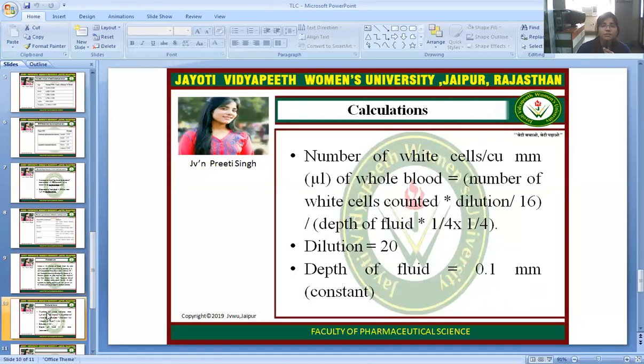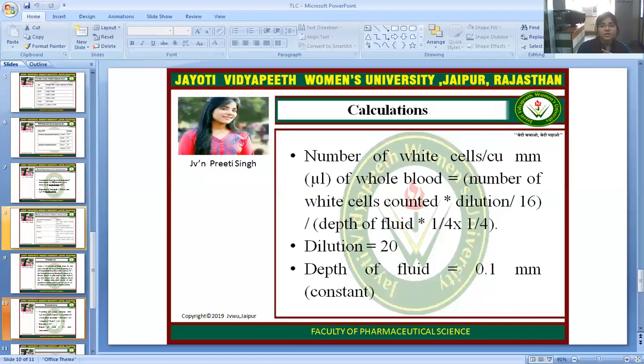We can use the formula for the calculation of total blood count. Firstly, the calculation formula: number of white cells per cubic millimeter of whole blood is equal to the number of white cells counted times dilution, divided by 16, and depth of the fluid 1 upon 4 into 1 by 4.